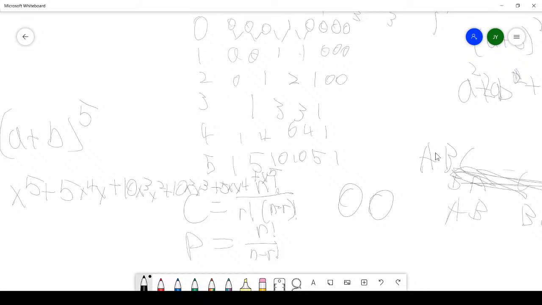Now, it's important to note that what this 10 means is that you got this coefficient from multiplying a plus b to the fifth power; you got this term 10 times because there were 10 different possibilities for 10 x cubed y squared to occur. That is why the coefficient is 10.